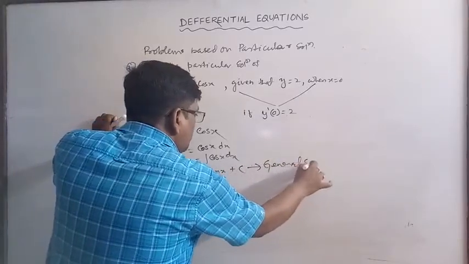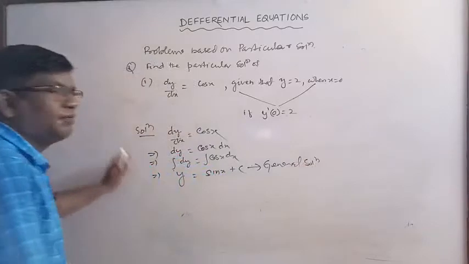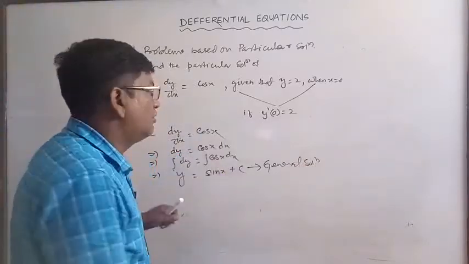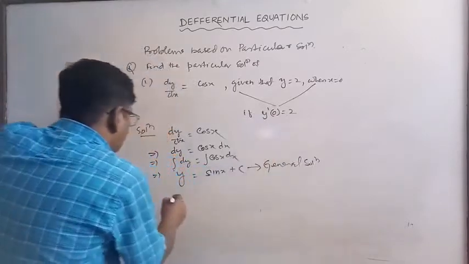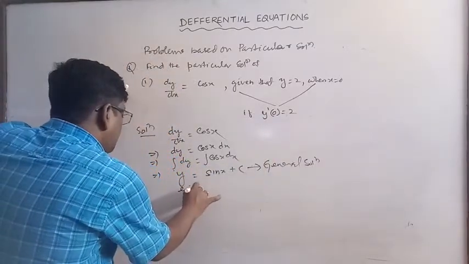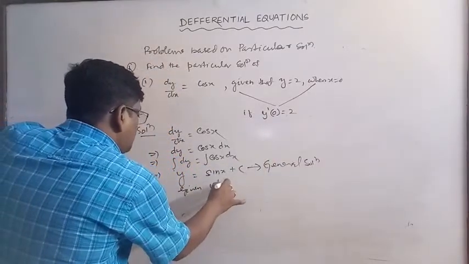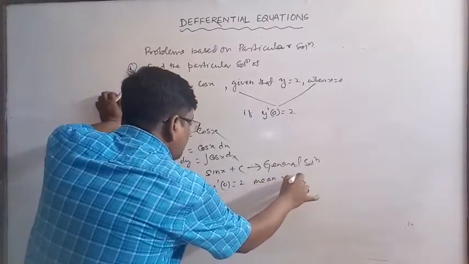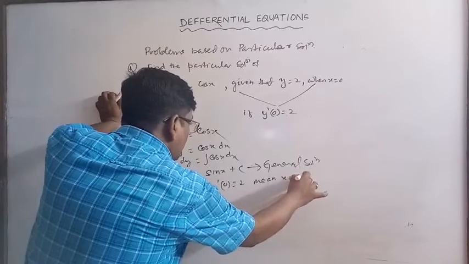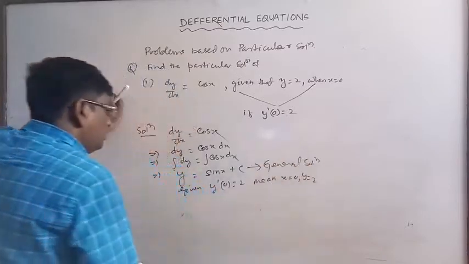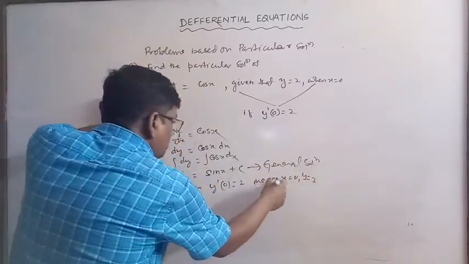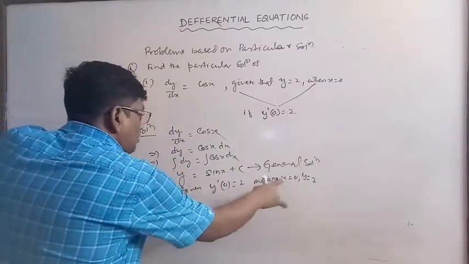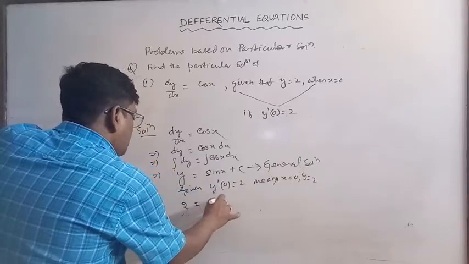The particular solution is obtained from the general solution by using the condition, when x is equal to 0, which is given: y of 0 is equal to 2, meaning x is equal to 0, y is equal to 2. So 2 is equal to 0 plus c.